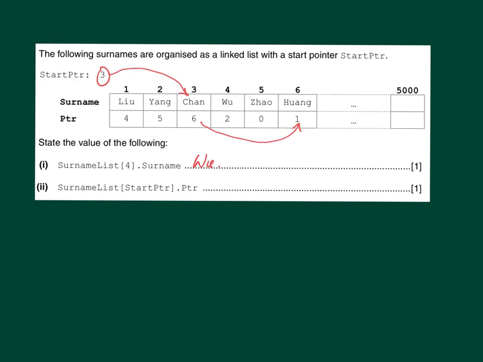And then that pointer will point to the third element in the list. This pointer will point to the fourth element in the list, and then the fifth, and finally the sixth. And then you can see that element 5 has got a null pointer.